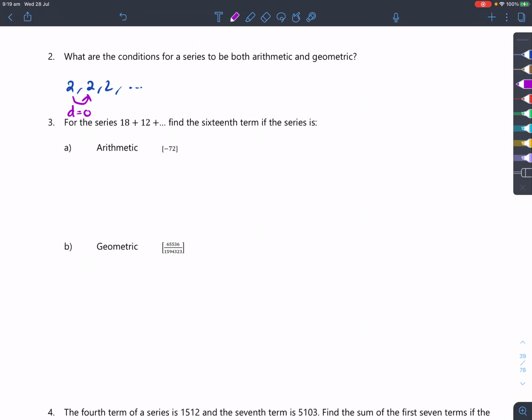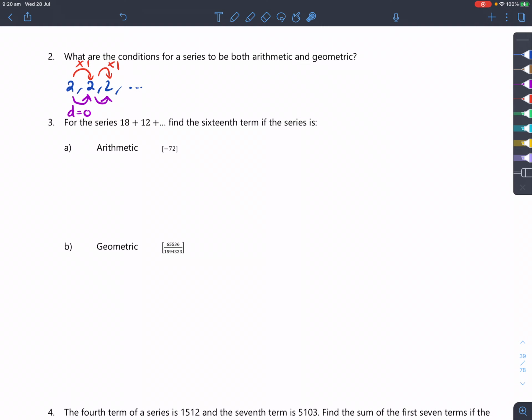Okay, so this is always going to be the same. You plus 0 to get to the next number. But it's also geometric because from one number to another number, you times by 1. Okay, so if a question is asking you for a condition for both arithmetic and geometric, then you just have to list out the exact same number a couple of times.